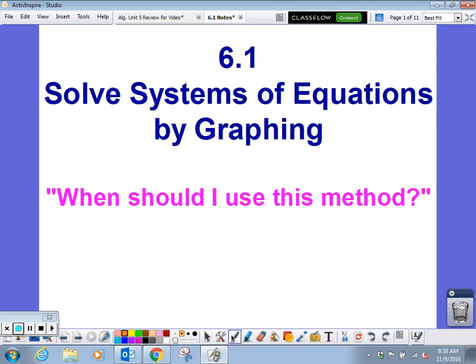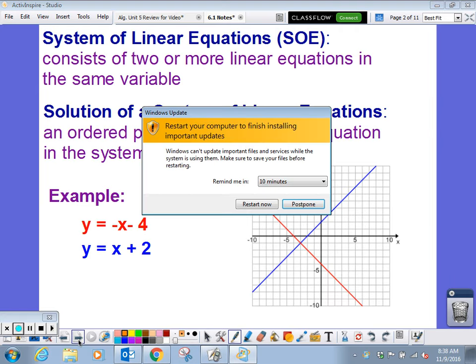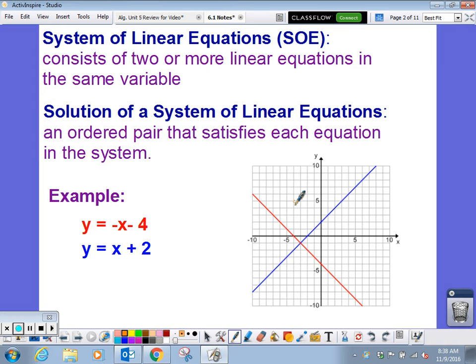It is first important, since this whole unit is going to be over systems, that you actually know what a system is. This says a system of linear equations consists of two or more linear equations with the same variable. Notice that it does say two or more, but the systems that we deal with are going to have two equations that have the same variable.